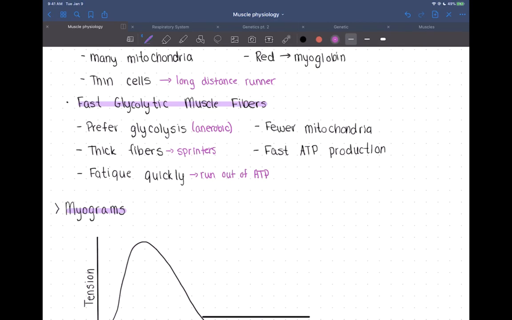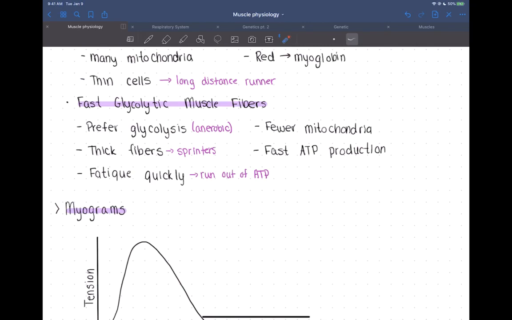That's because they have a lot of these fast glycolytic fibers. And long distance runners have much leaner muscles because the actual muscle cells themselves are much thinner. Those are differences in the ATP production and usage of different types of muscle cells.